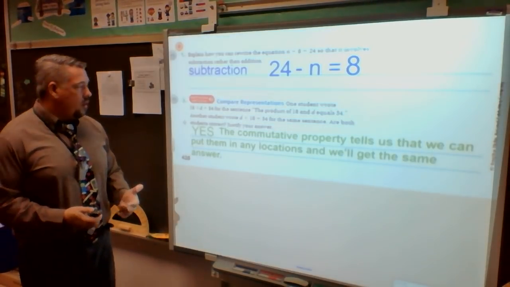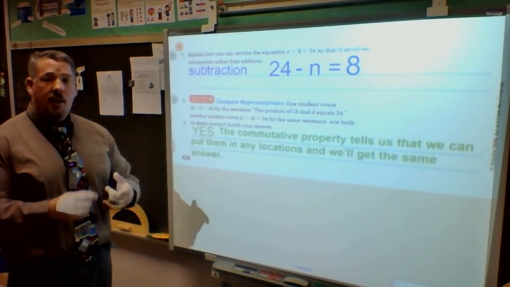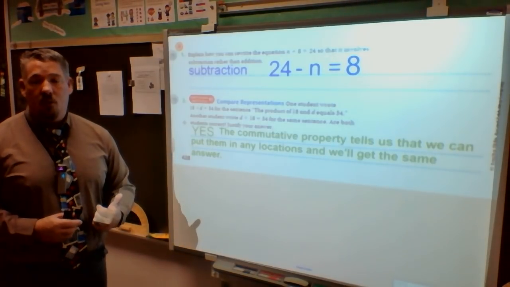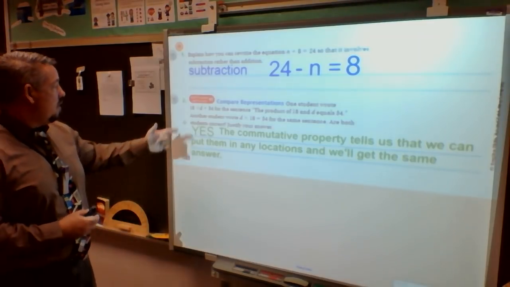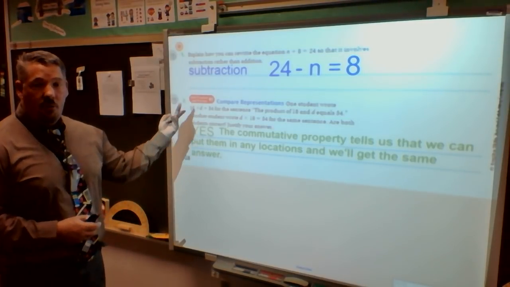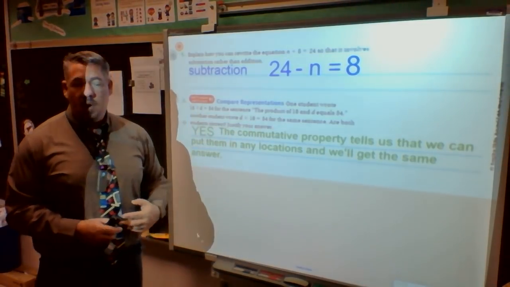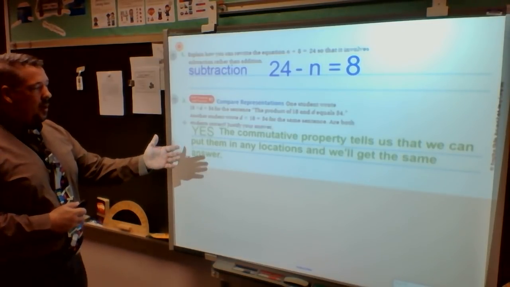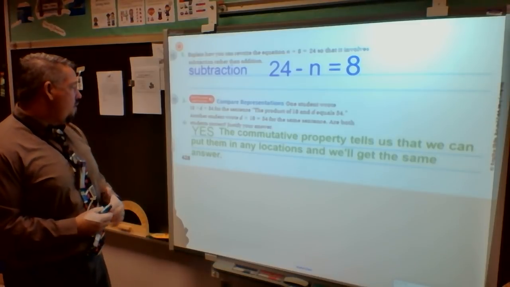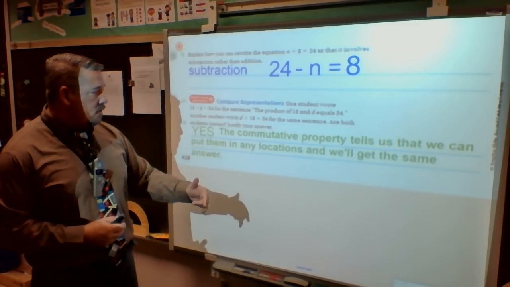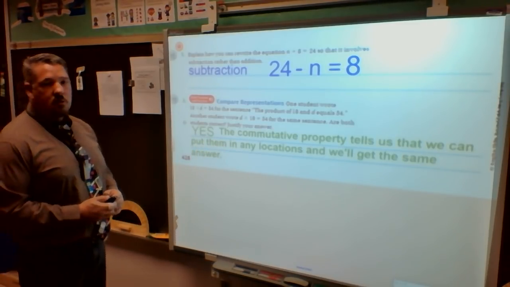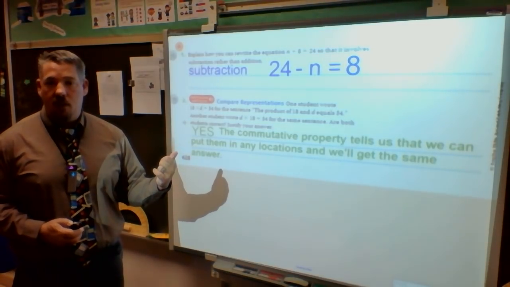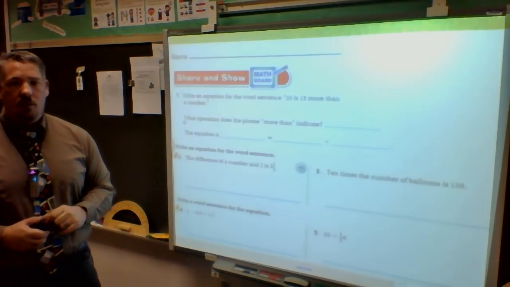Once again, according to the commutative property, in addition I can put them in any order. In multiplication, I can put them in any order, still going to get the same answer. This is 18 times d, and if I flip those, d times 18, they're still going to be equal to 54. So your answer would be the commutative property tells us that we can put them in any order and we'll get the same answer. So if you're not ready to move on, please pause the video and write that answer down. Then you go on to the next slide.